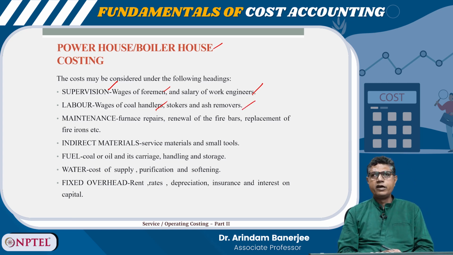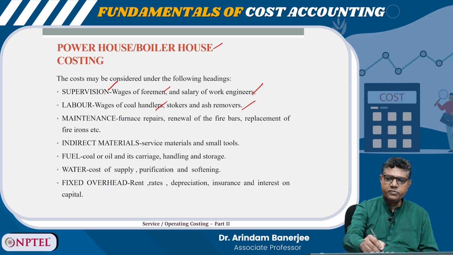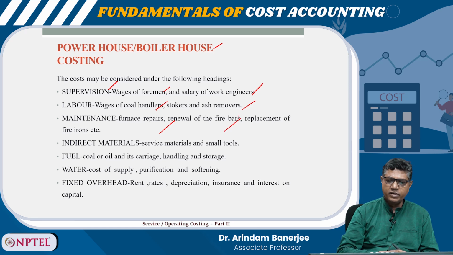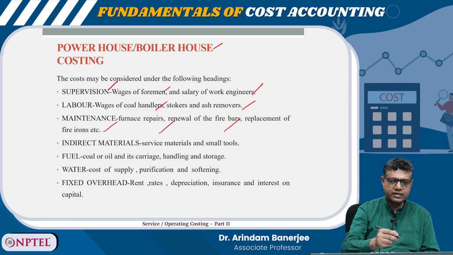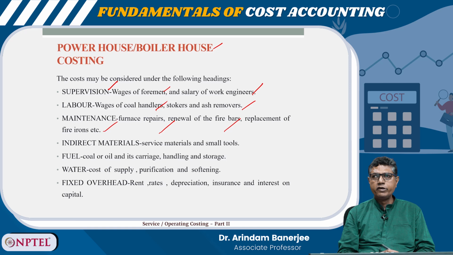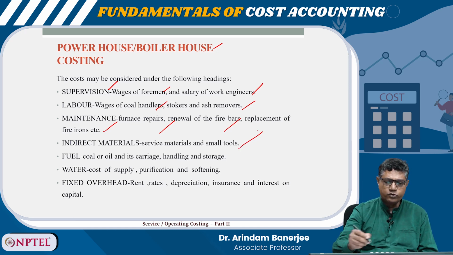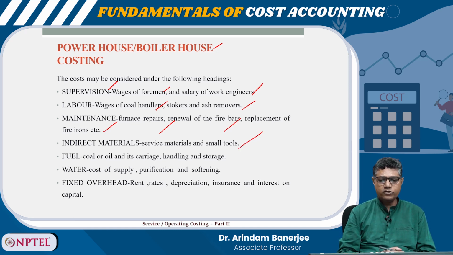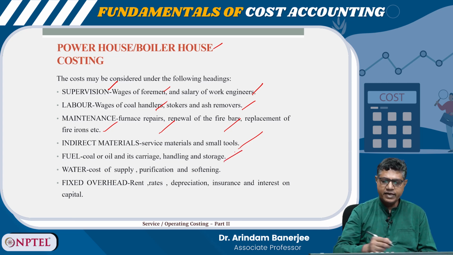For maintenance, it requires maintenance. So, furnace repairs, renewal of the fire bars, replacement of fire irons, etc. Indirect material, service material and small tools, fuel, cost of oil and its carriage, handling and storage, right?